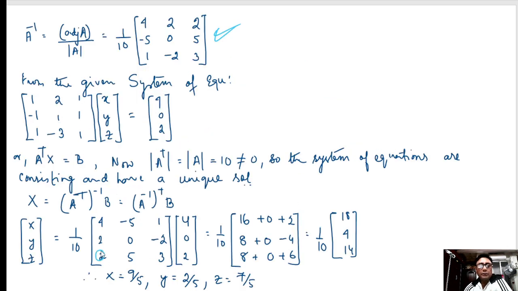And then 2 into 4 plus 5 into 0 plus 3 into 2 is this line. So we are doing the calculations and we are getting X as 9 by 5, Y as 2 by 5 and Z as 7 by 5. So this is the solution.